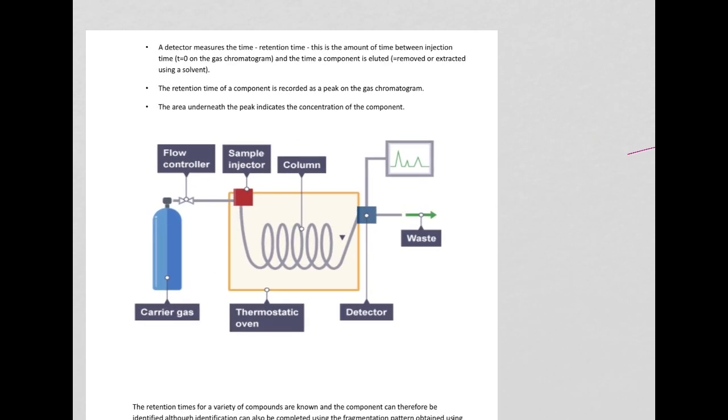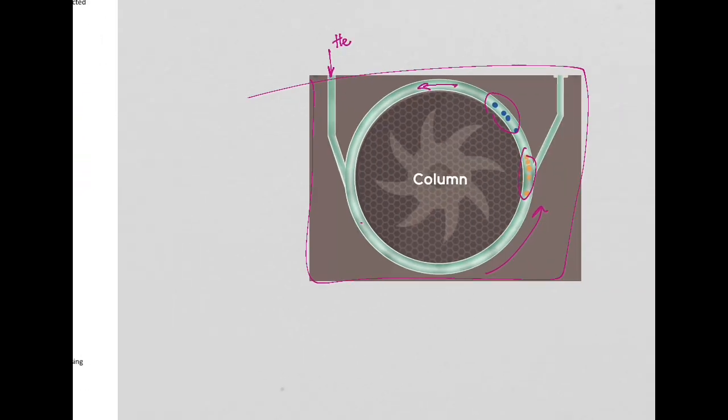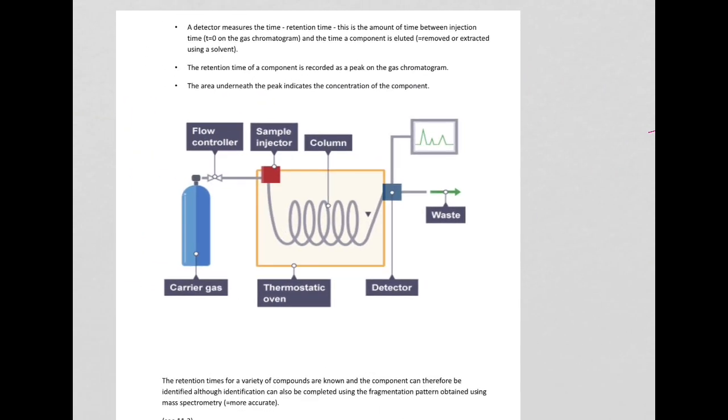At the end of the column, you will have a detector that will measure the amount of time between injection and the time that it is eluted. Eluted means the time it took to move through the whole column and move out into the detector. That time is called the retention time.